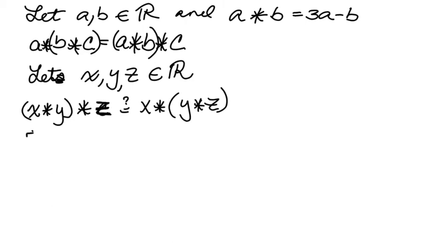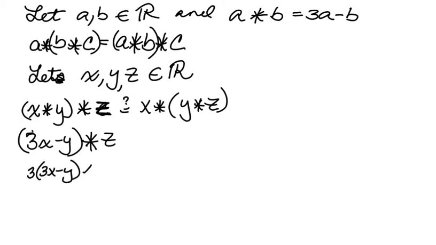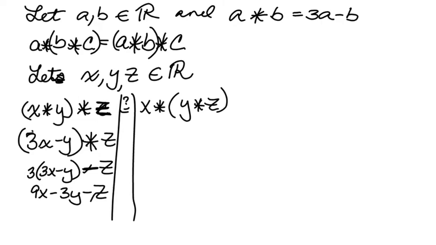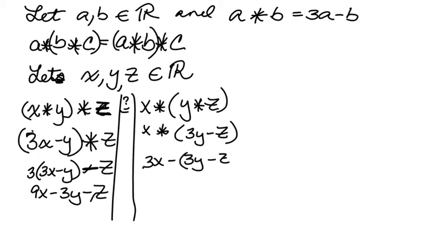Okay, so x star y is 3x minus y, star z. So this is now my a quantity, so this is 3 times (3x minus y) minus z. So that is 9x minus 3y minus z. Does the right-hand side line up? So let's do the parentheses first. So y star z is 3y minus z. x star (3y minus z) is 3x minus 3y minus z.